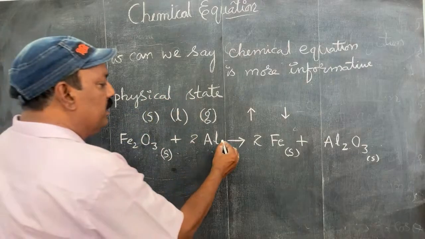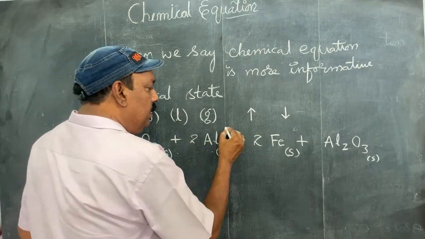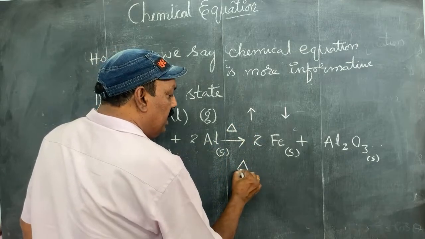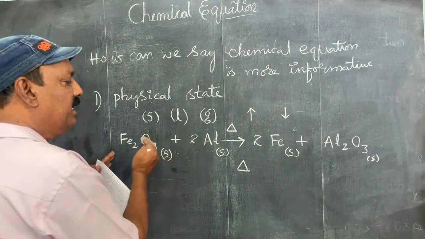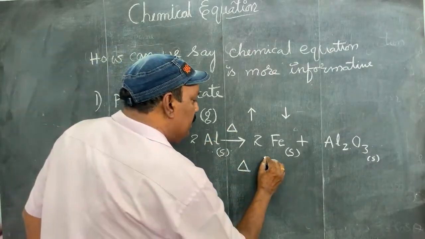Here one more important thing is near the gives rise symbol. Here we put one triangle. This triangle we call delta. Delta means these two reactants are being heated. This is a symbolic representation of heating.